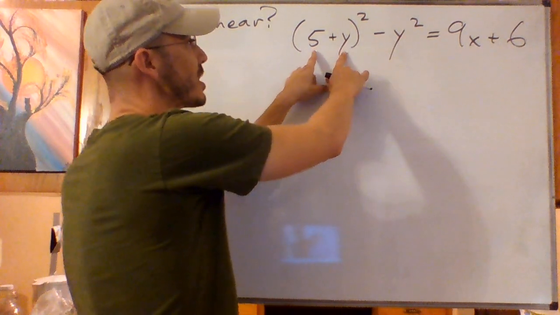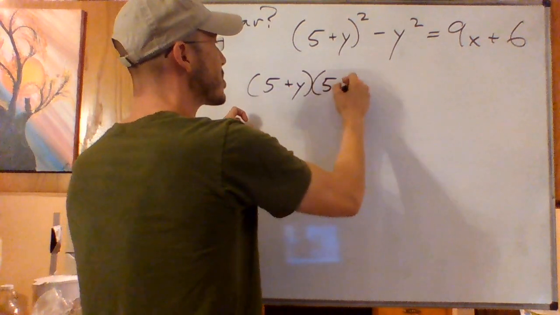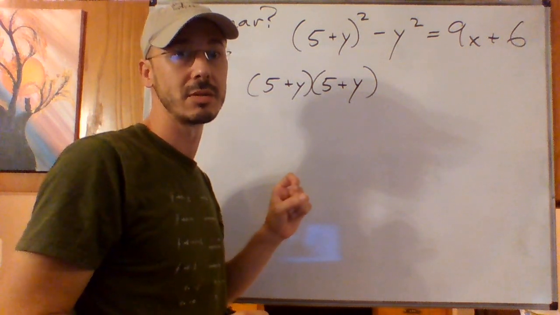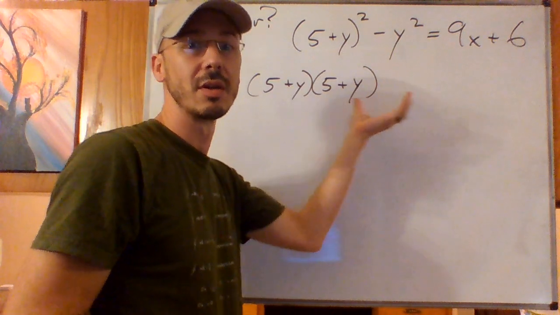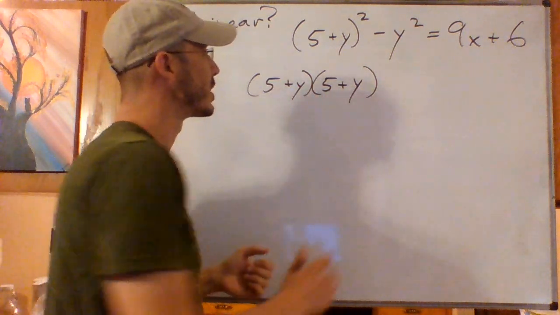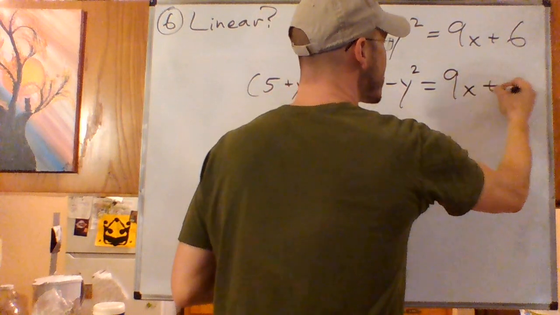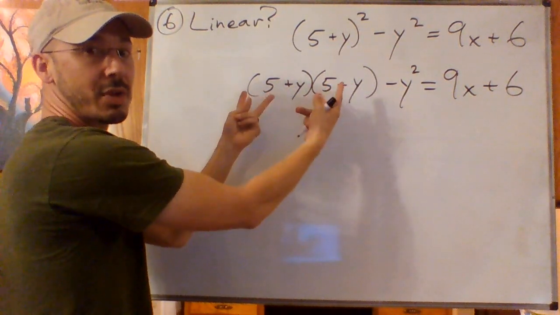5 plus y squared is 5 plus y times 5 plus y, not 5 squared plus y squared. Exponents don't distribute. We have to actually square 5 plus y, minus y squared equals 9x plus 6. So I'm going to FOIL these, multiply these two expressions.